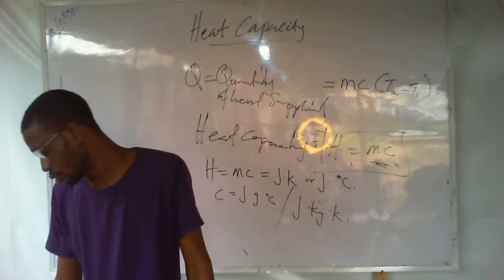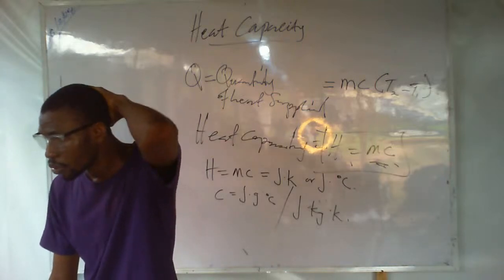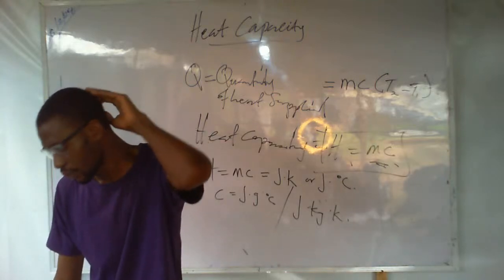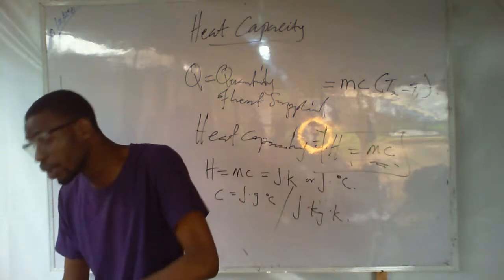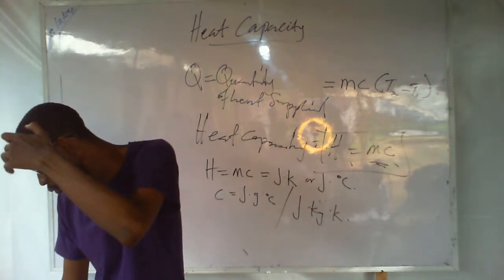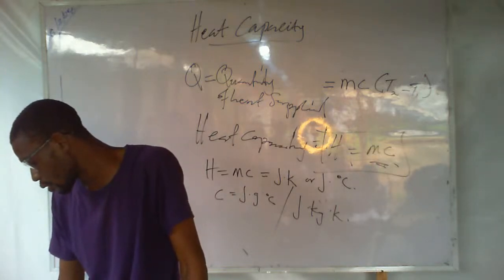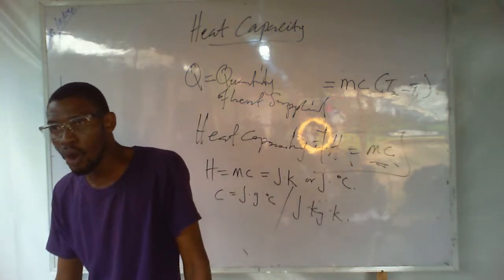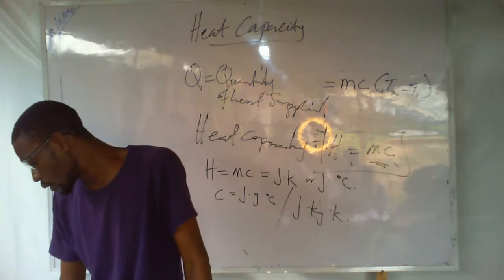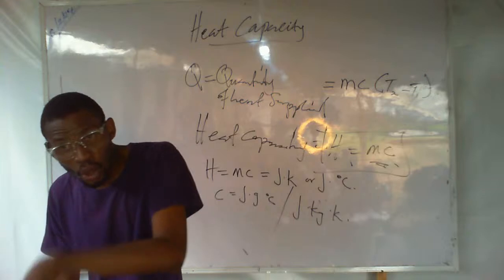Then number two. Heat released by hot body is equal to heat absorbed by cold body plus the heat absorbed by calorimeter. Case number two is this now.